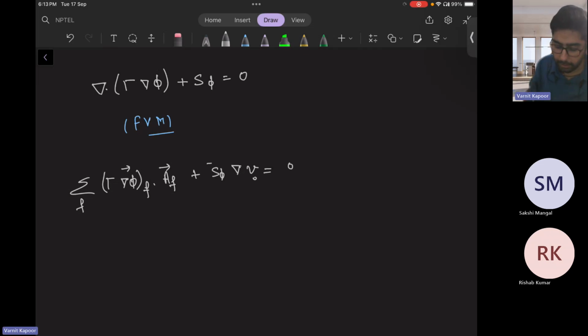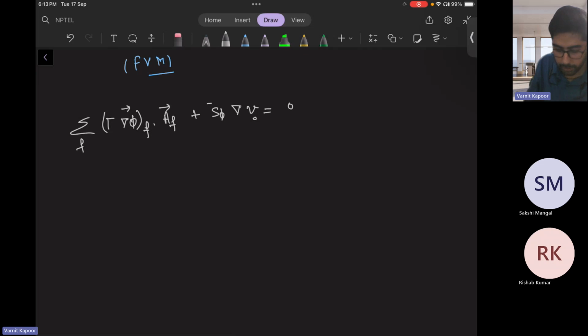Now this time the area vector is decomposed into two directions. Area vector A_f is decomposed into AX in the I hat direction and AY in the J hat direction.